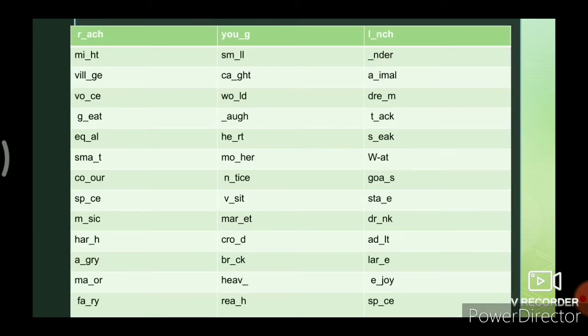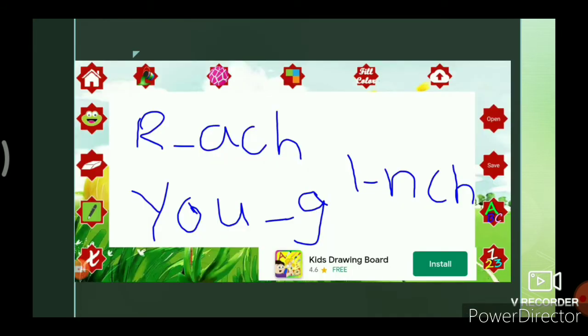Here, I have given you a chart of the words and you have to fill a letter and complete the word. For example, reach, R-blank-A-C-H, YOU-blank-G and L-blank-N-C-H.